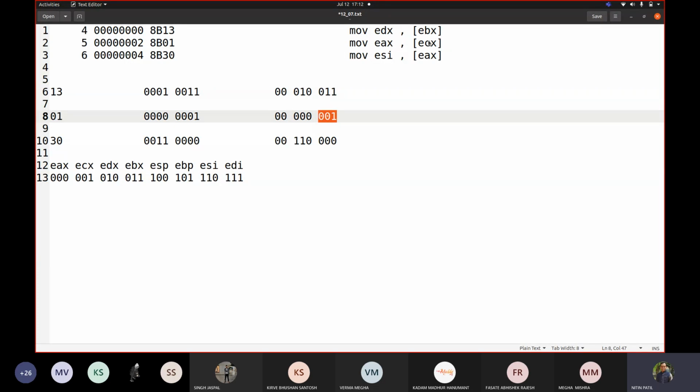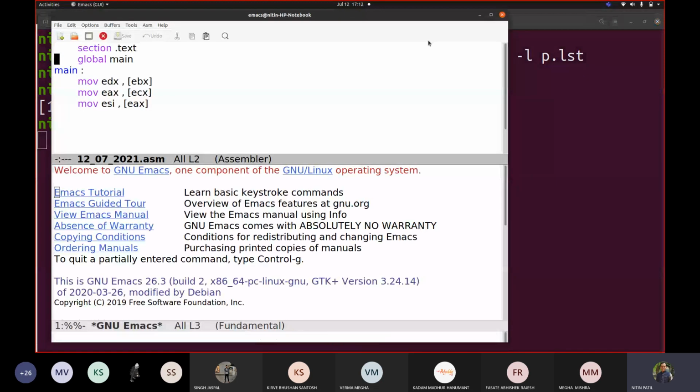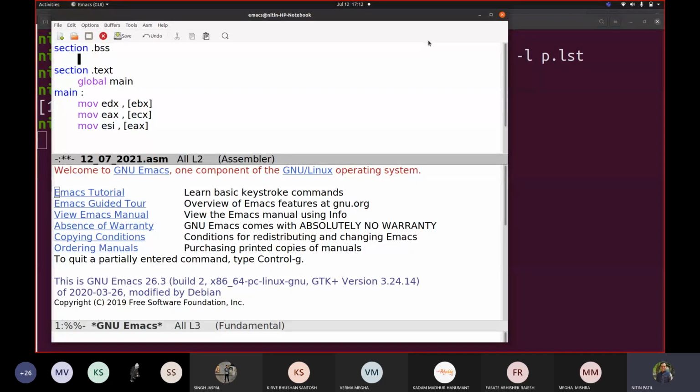So let me make some small modification in my code. Let me go back here and add section .bss, and let me add my data resd 1.